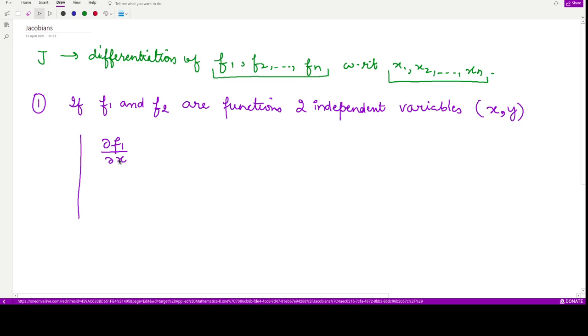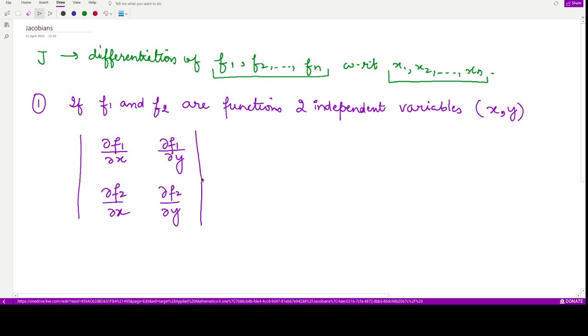So it would be the partial derivative of function f1 with respect to x and the partial derivative of function f1 with respect to y. Then we have the partial derivative of f2 with respect to x and the partial derivative of f2 with respect to y.